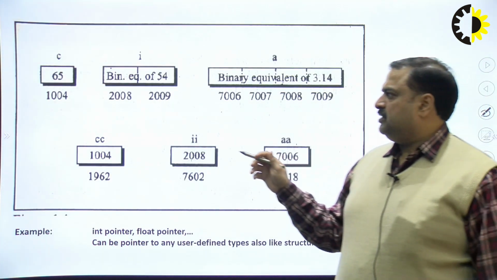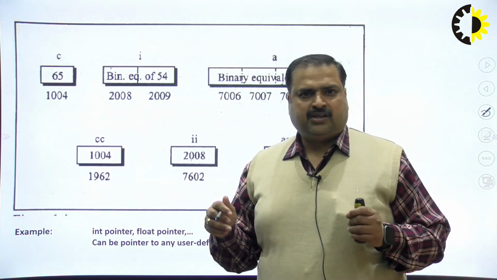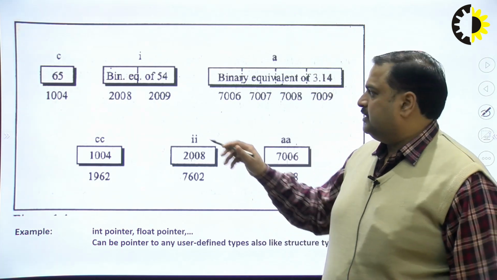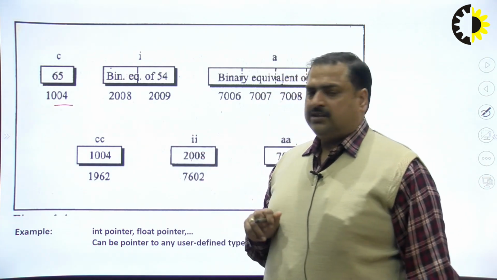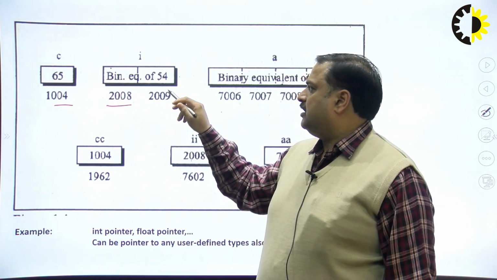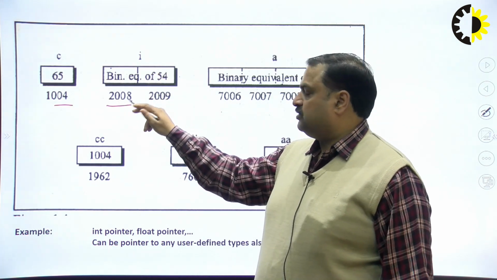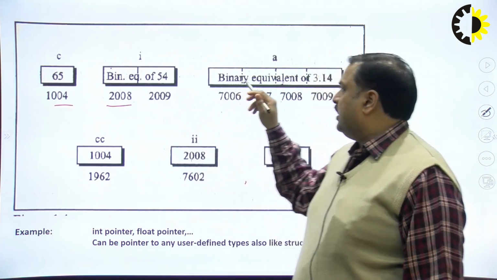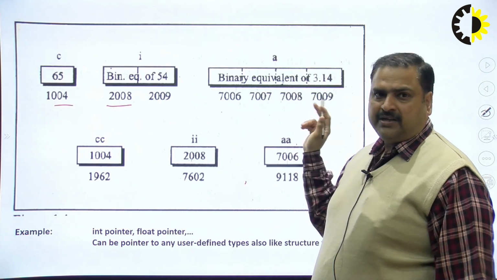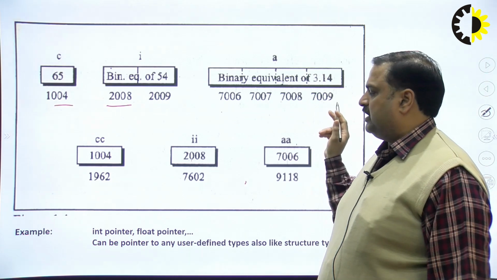So, one more example here, like this picture I have taken from the book of E. Balagurusamy. 1004 is the location of a character variable, and an integer variable requiring 2 bytes is stored at location 2008 and 2009, and a float variable requiring 4 bytes is stored at location 7006 and the corresponding 4 bytes.